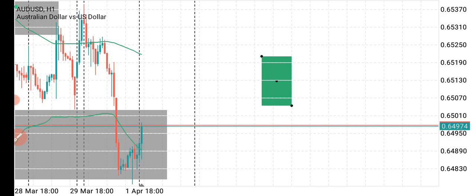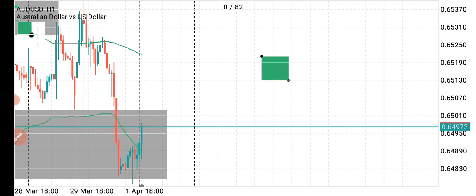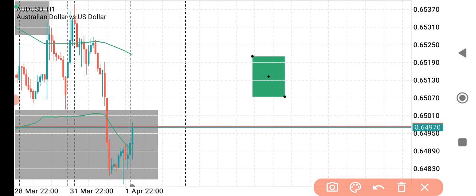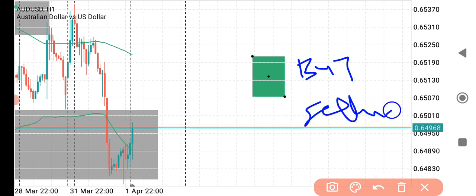The first thing I want you to take note of is that a candlestick is a fight between buyers and sellers. Which means that in every single candlestick, anywhere you see a candlestick, there is both buying pressure and selling pressure.